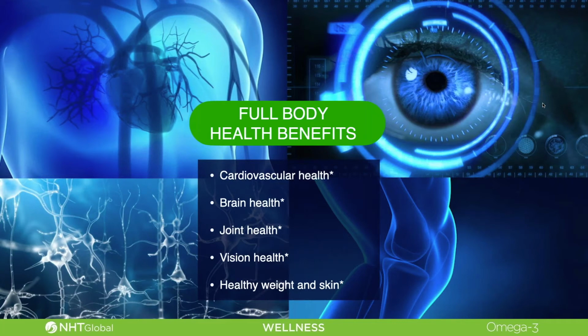Those cellular membranes, remember, they drive cellular pathways. We have a picture of the eye. We know that DHA is found in high concentrations in a specific part of the eye that's very important for vision. We know that DHA, when it comes to infants, is critical in neurologic overall development.